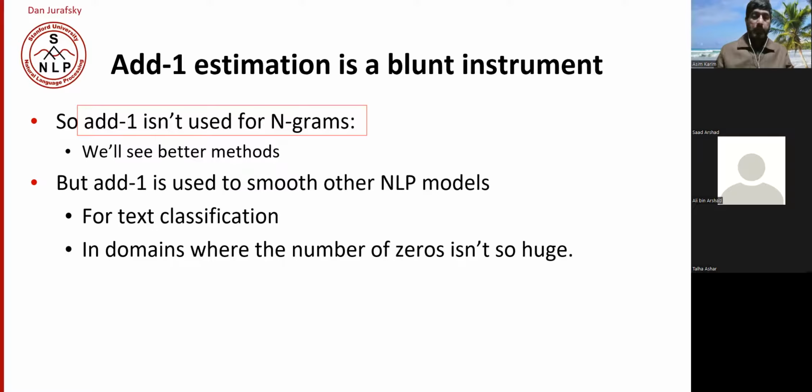As mentioned here, it is a blunt instrument. It's like a sledgehammer that takes all the counts away from those few words or bigrams that have a count to those that do not have a count.